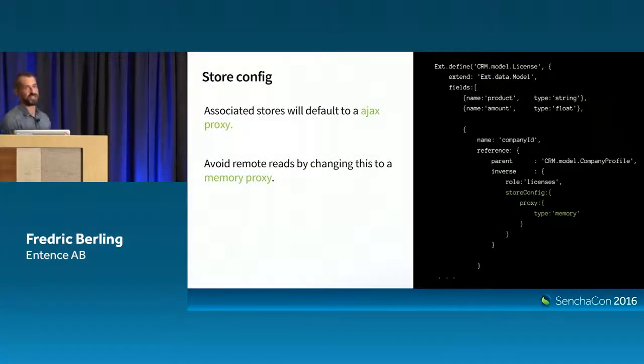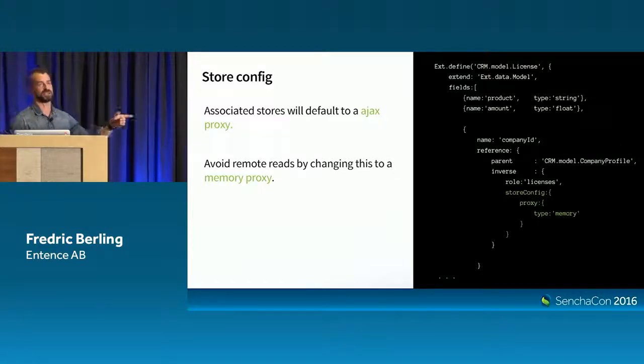You can change that. If you go back to the license model where you configure your association, you can add the store config. And this is completely undocumented. It doesn't exist in the documentation. It has been there at some point. It still works. It's in the source code. It's super private. You shouldn't use it, but it's a great way of solving this. In the store config, you can put any config on that associated store.